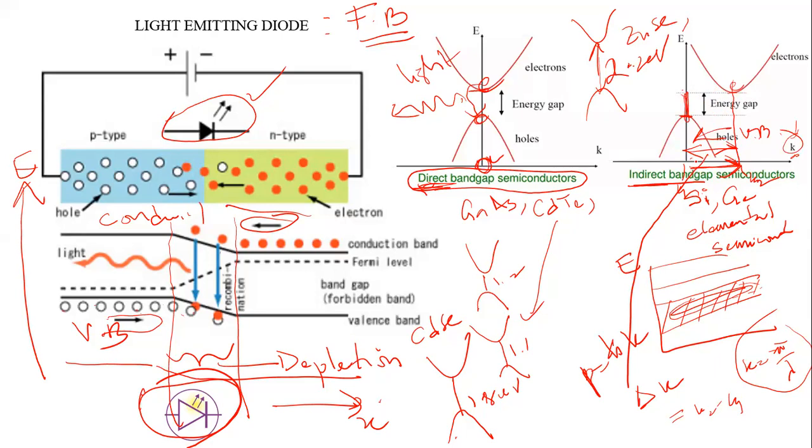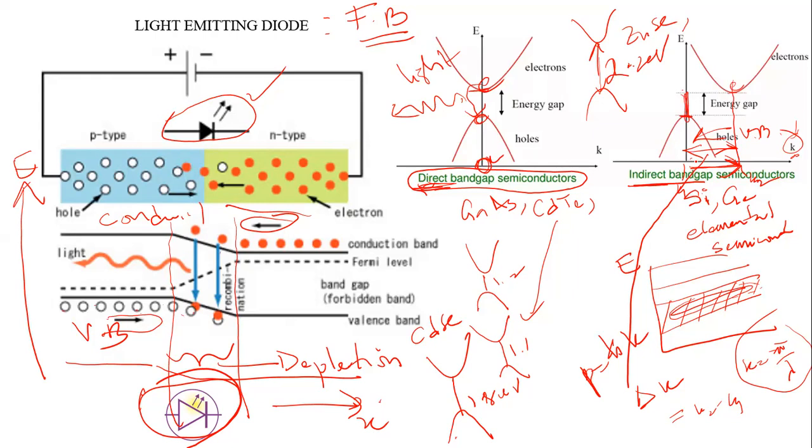So as it involves thermal energy, it cannot result in emission of light in your normal silicon based diode.